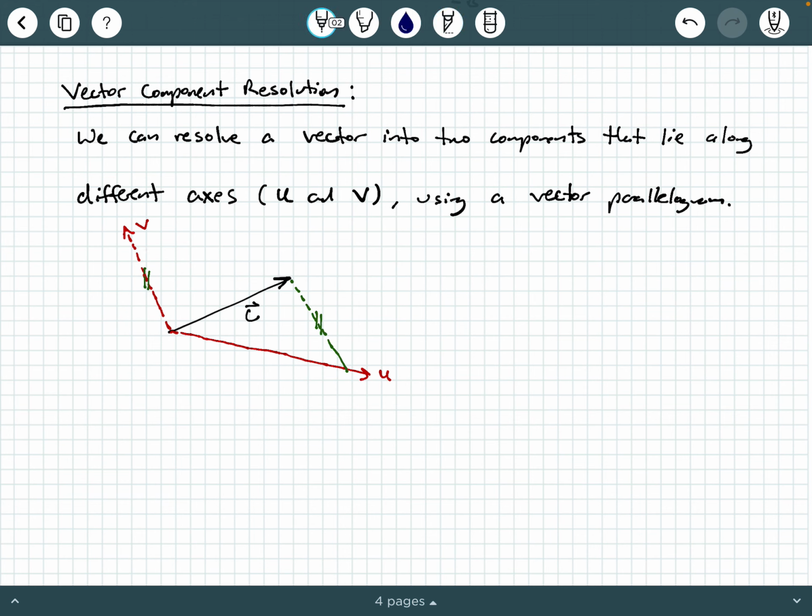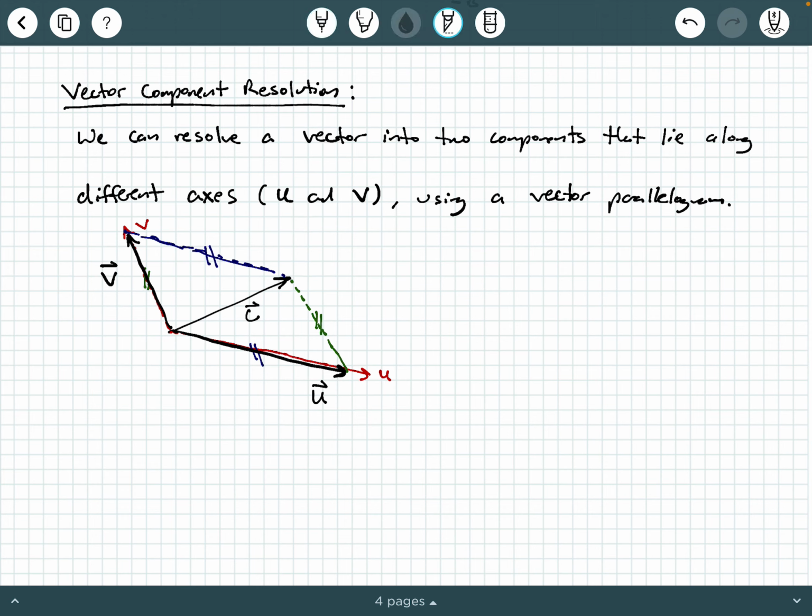Okay, something like that. Okay, and so this is going to be parallel to that U axis. And now what I can do is break this vector C down into a vector, let's call it U, and maybe call this one vector V.